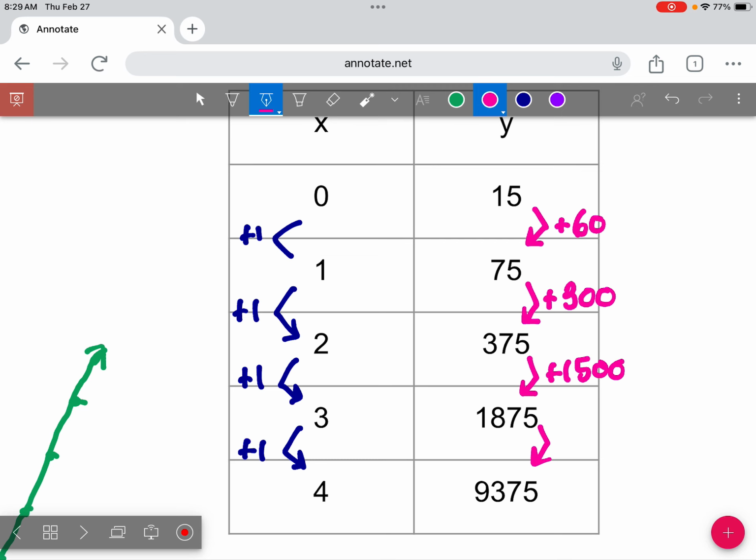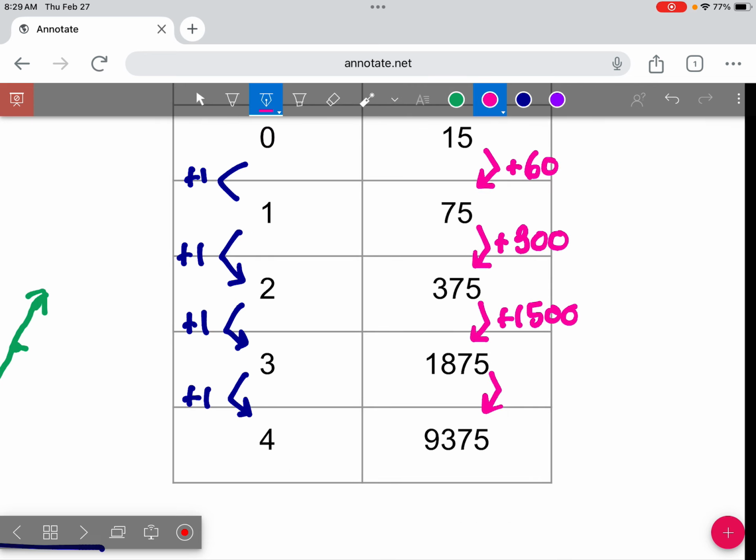One more, 1875 to 9375. There we go. Not 8,000, close though. It's going to be 7,500.